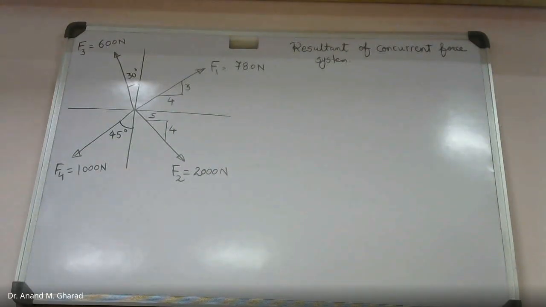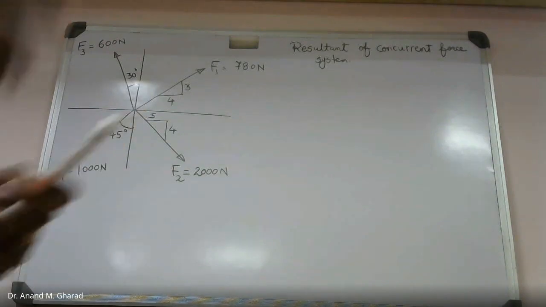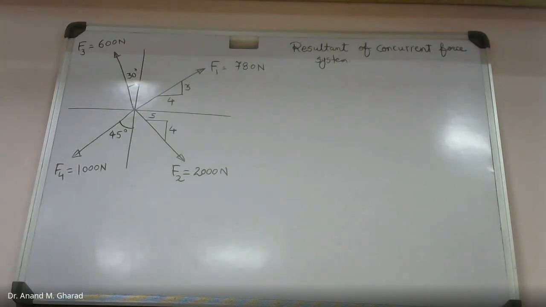So how to proceed? If you have understood the earlier numerical, you can tell me step by step how to proceed and how to evaluate the resultant. So let's revise what exactly the resultant means.